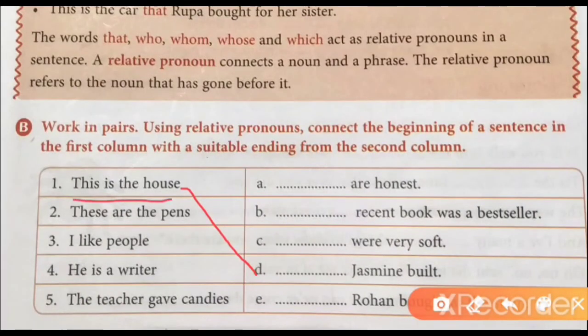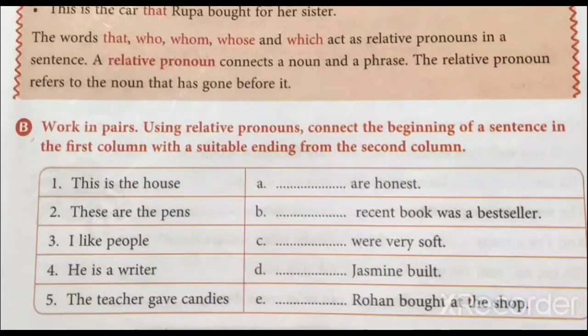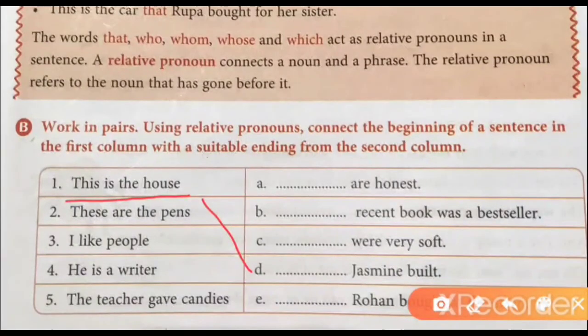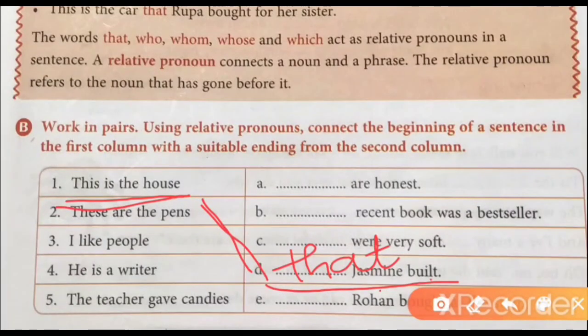So this is the house dash Jasmine built. So first one, this is the house, you have to match D. And what will be the pronoun here? Yes, that. So this is the house that Jasmine built.